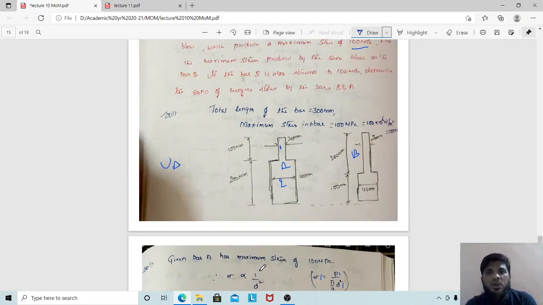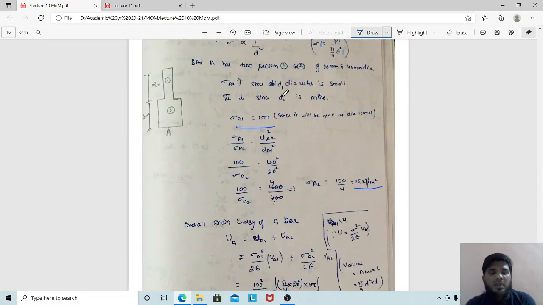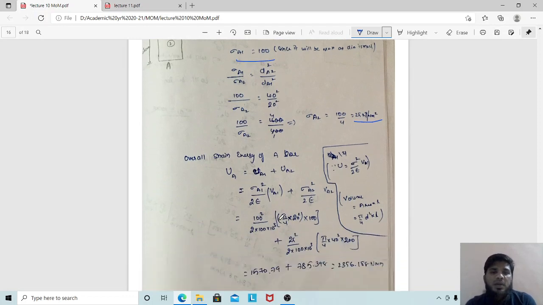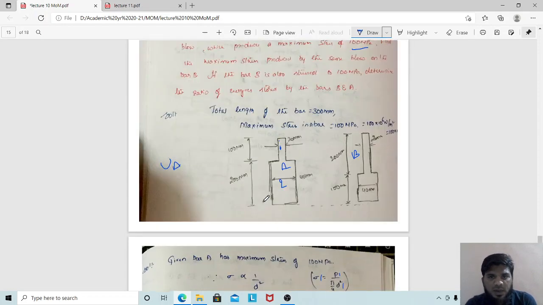They have given the E value as... sorry, they have not given the E value. Since both are the same material, whichever is unknown you keep as it is. Let me check the E value they might have given.